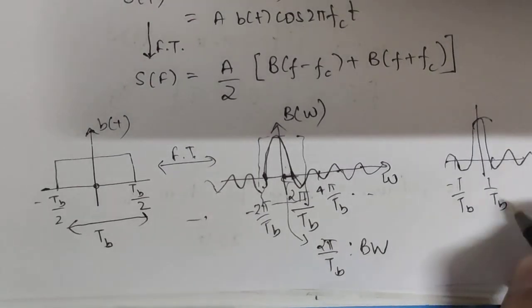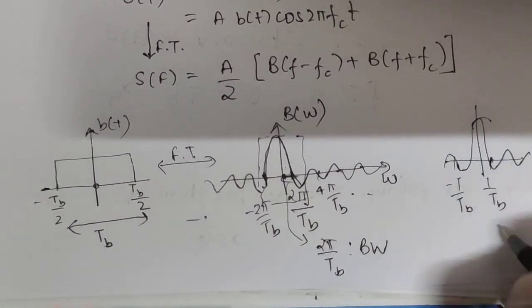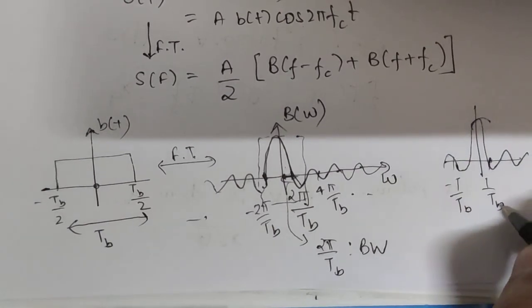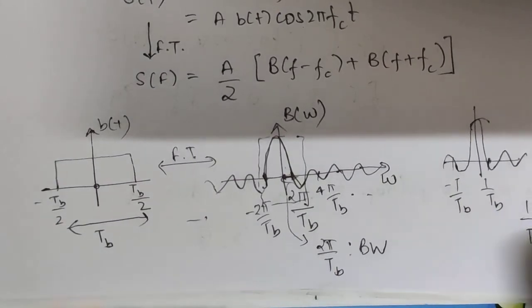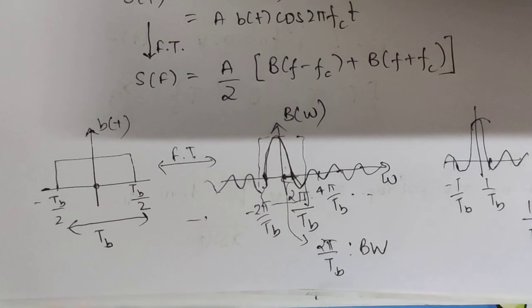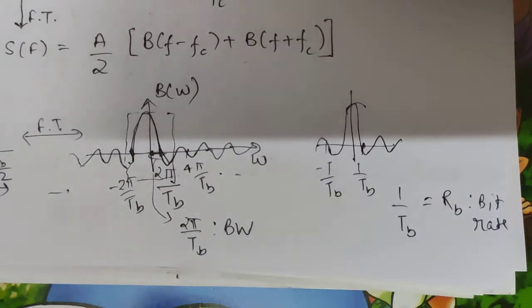And what is this? This was my time period of 1 bit. So 1 by TB is equal to RB, and this is the bit rate.